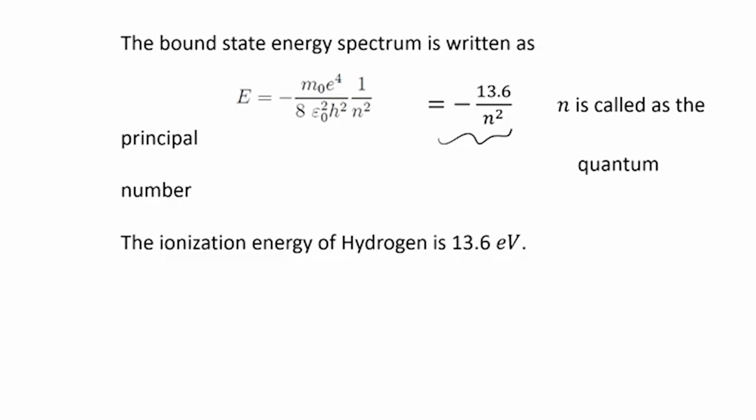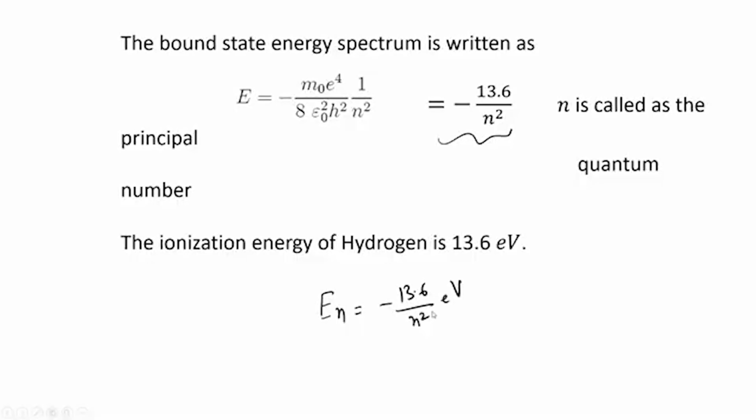So, that tells you that the energy level of a hydrogen atom is minus 13.6 by n square electron volt. So, if you give 13.6 electron volt, when the electron is in the ground state of the hydrogen atom, it will escape. That means the hydrogen atom will lose that electron and will become an ion. So, that is called the ionization energy of hydrogen.